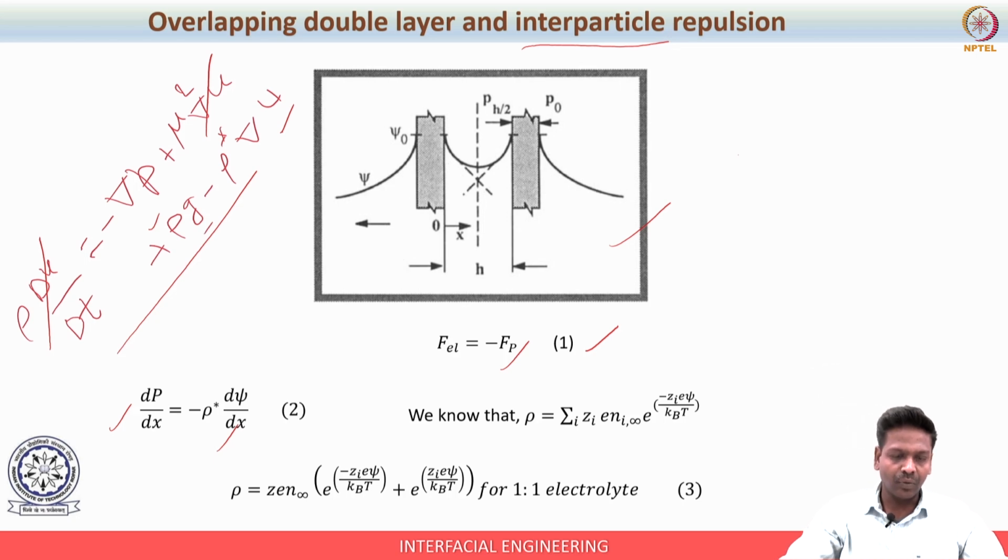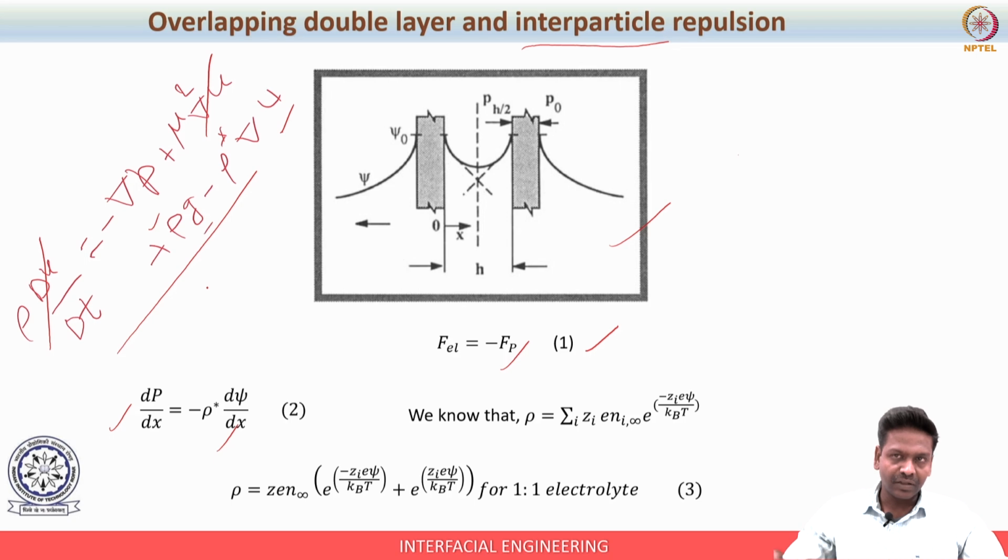Then one would get the equation minus del P equals minus rho star del psi. Further, we simplify by assuming a one-dimensional problem, which means the variations of potential and pressure in the y and z directions are ignored.